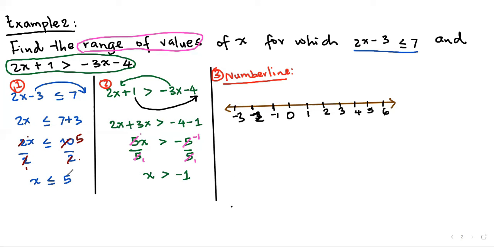So let us show the first inequality. The first one, we have got x is less than or equal to 5. So we go at 5. We use closed circle. Then we go to the left.